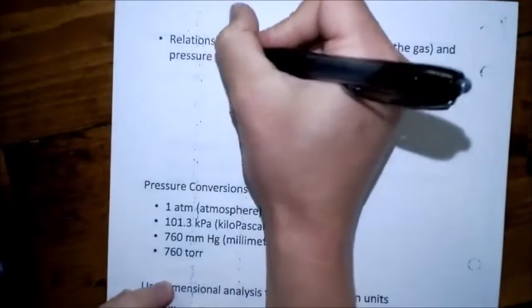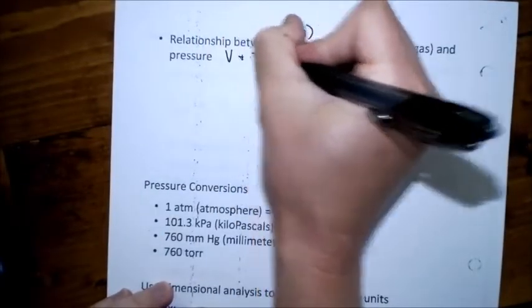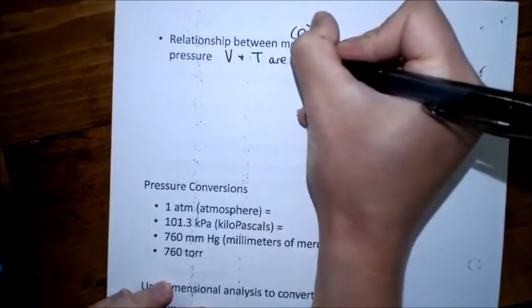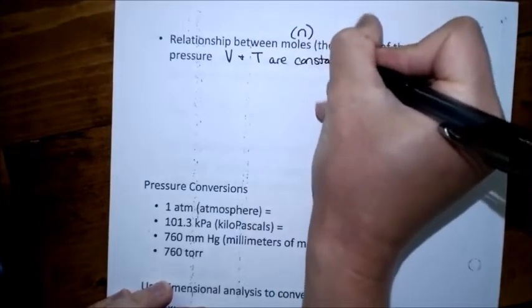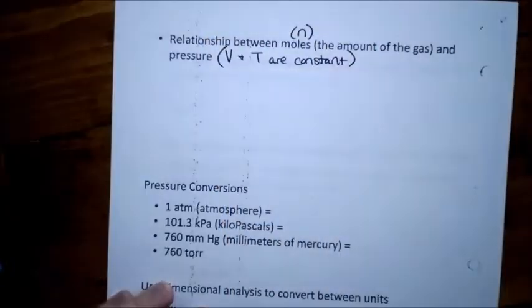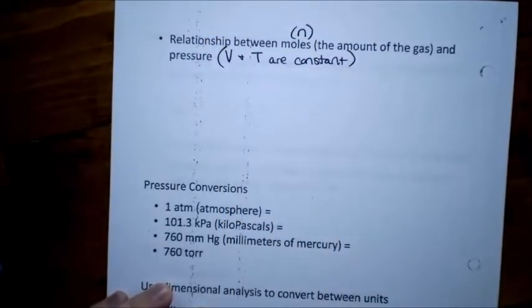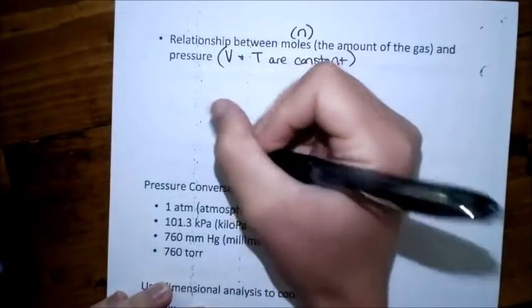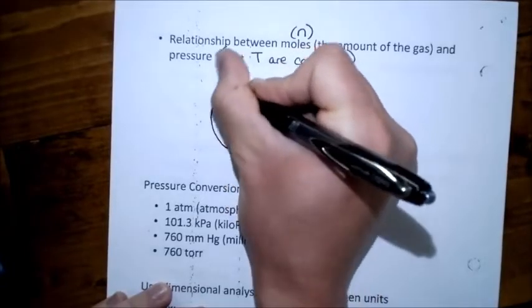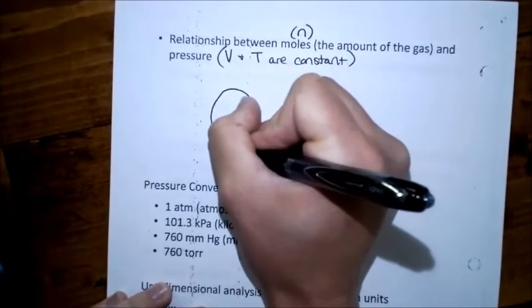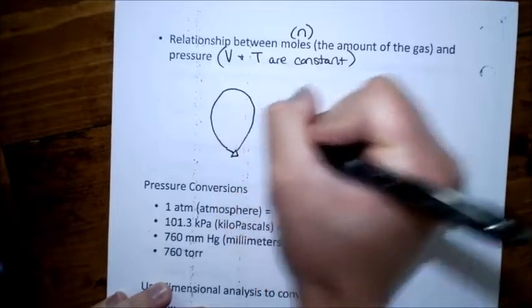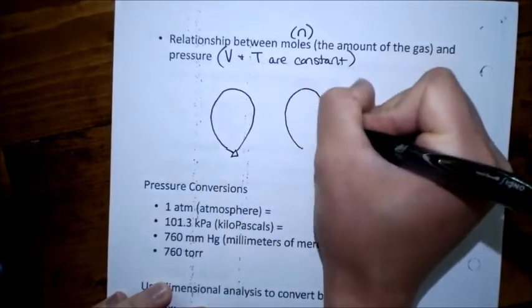So in this scenario, volume and temperature are both constant. So since volume and temperature are constant, you're going to have two balloons that are the same size, same volume.